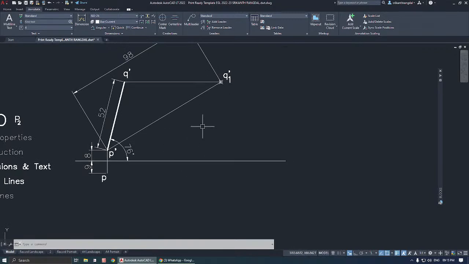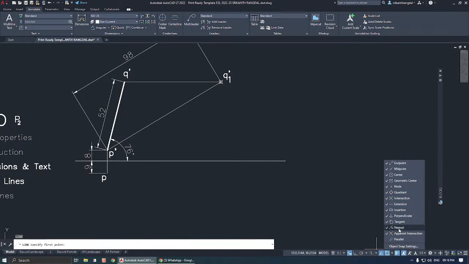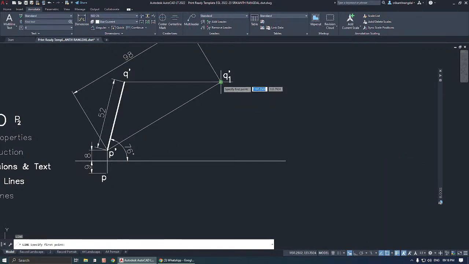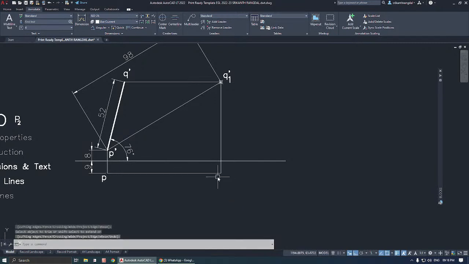So how to complete it? We know that if you take a straight line from here, first we have to turn off the nearest. Take a line from here. Ortho should be turned on. And take a point from here.